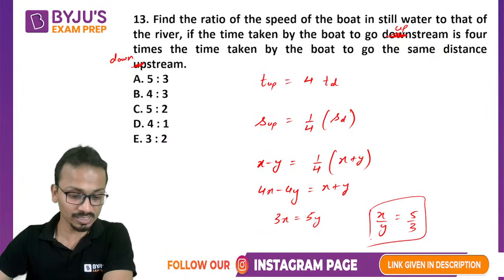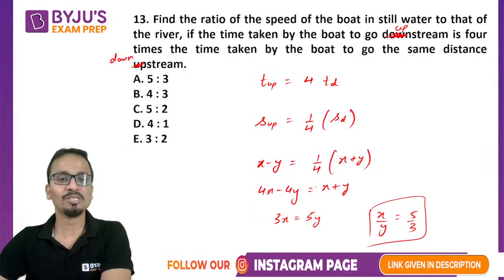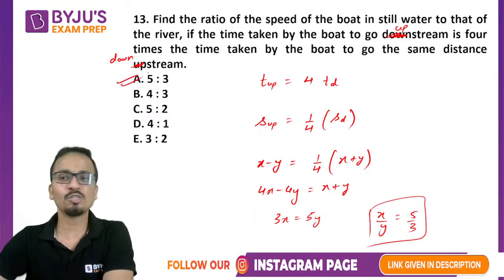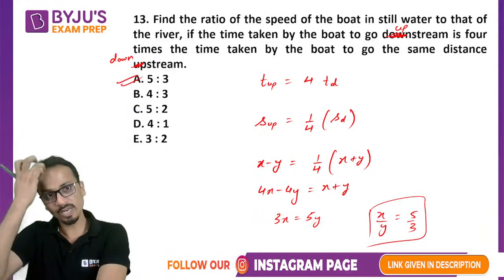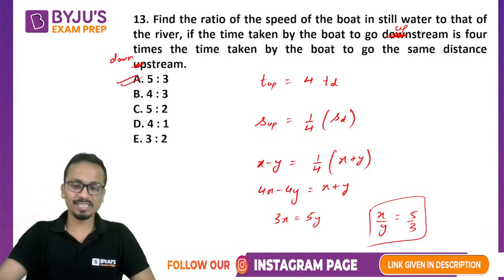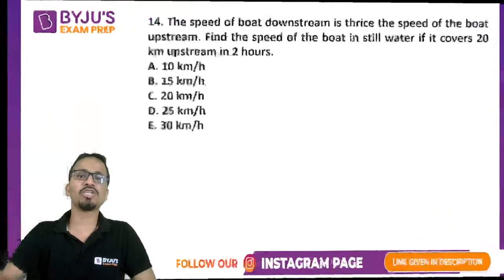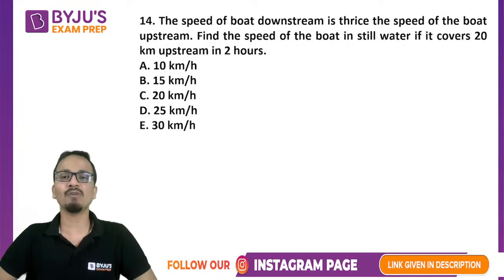Now none of the students has noticed this particular thing. So if I make this small change, then the answer for this question will be 5:3. All right. Okay, so let's move on to next question, question number 14, again based on upstreams and downstreams.